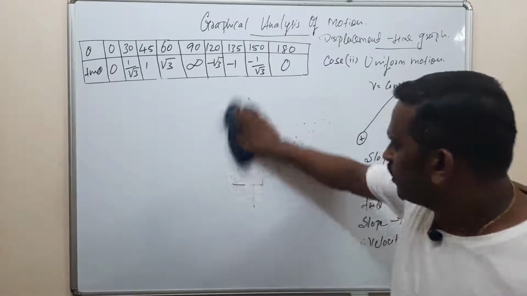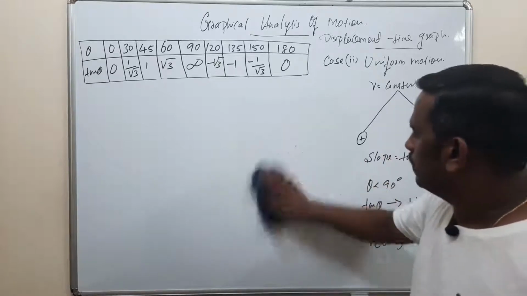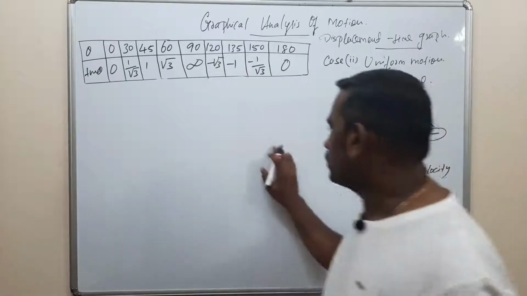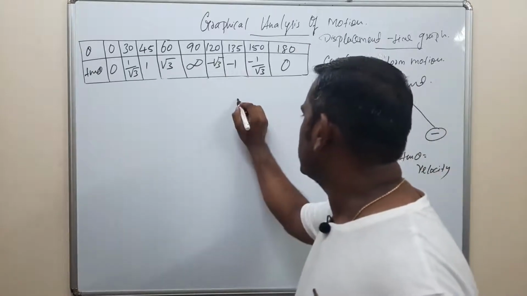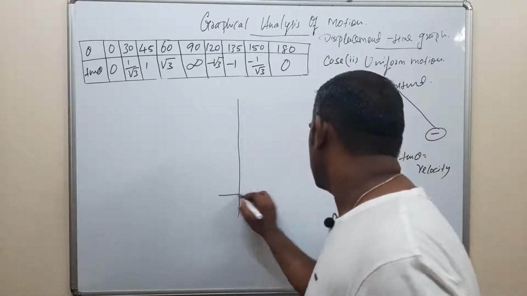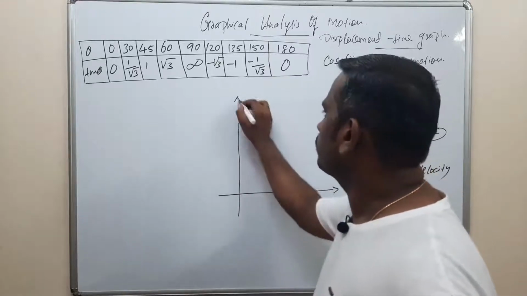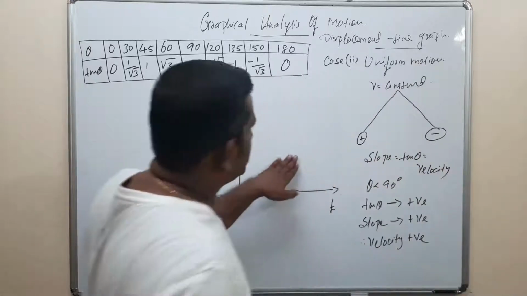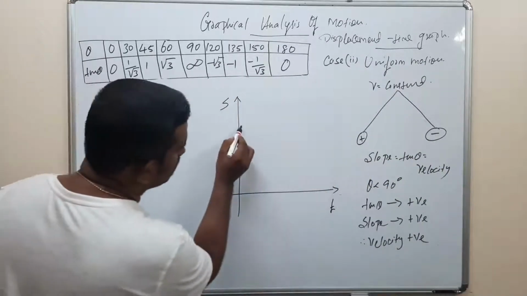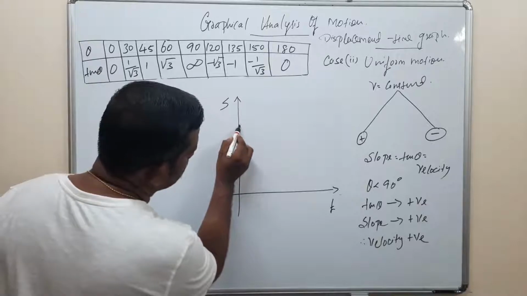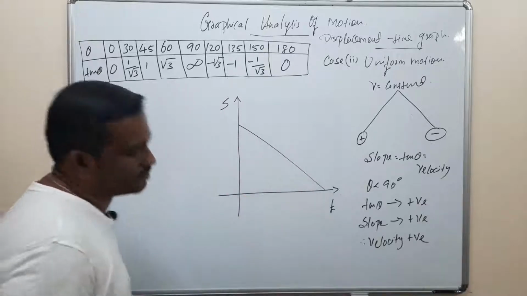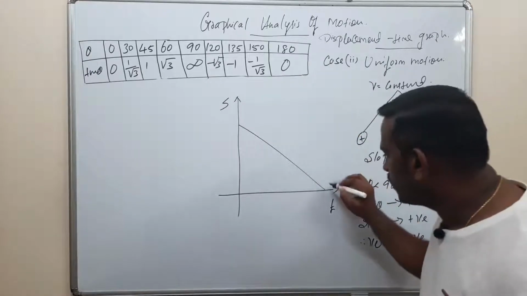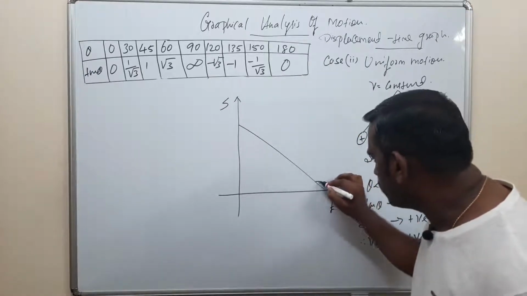Then next case, velocity constant but negative. So what is the displacement time graph? So this is the graph, displacement time. What is the slope of this curve?